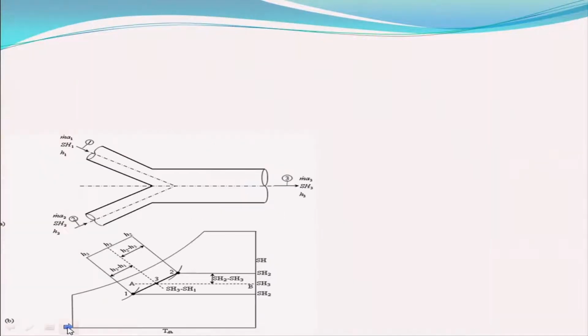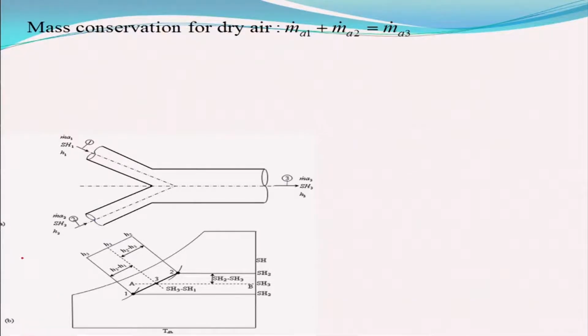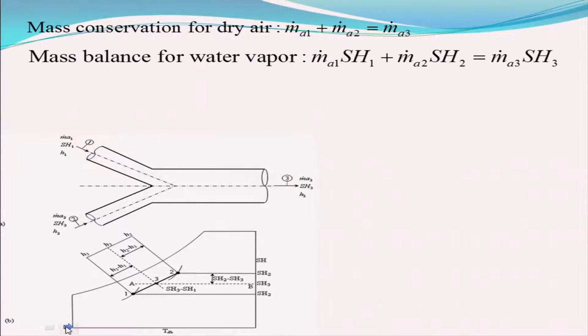If you look at it, we will do the mass conservation for the dry air: m dot A1 plus m dot A2 is equal to m dot A3. This is the general one, which we have done several times. Similarly for the water balance, m dot W1 plus m dot W2 is equal to m dot W3, for the water vapor.